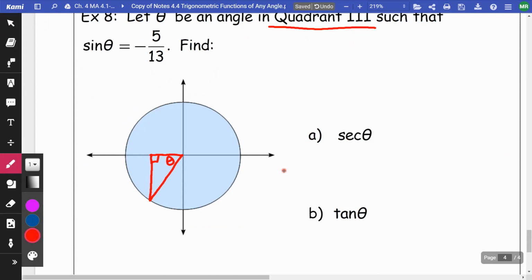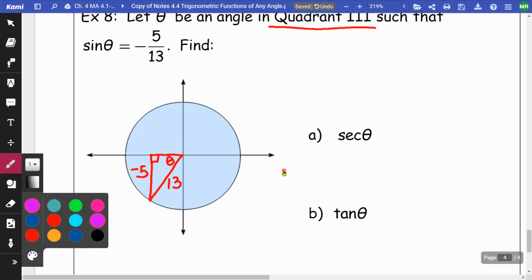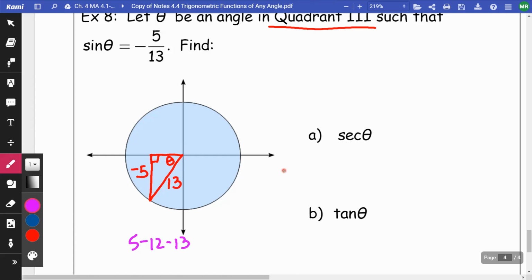My sine is opposite over hypotenuse. Now this is going to be a negative 5 because of my location. Hypotenuse is always positive. Now I'm going to do Pythagorean. Some of us might recognize this as a 5, 12, 13 right triangle. And it's not going to be a 12, it's going to be a negative 12.